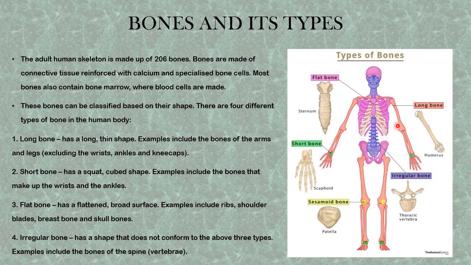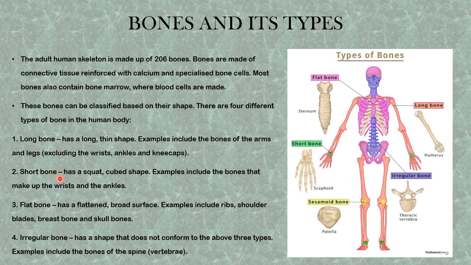As you see in this picture, these are long bones. We have the humerus, the radius and ulna, and for the legs we have the femur, the tibia, and the fibula. These are all examples of long bones.